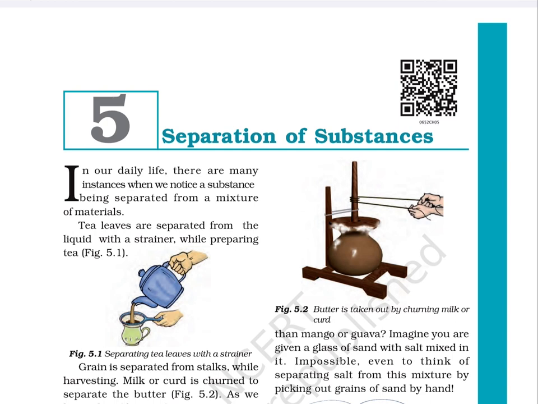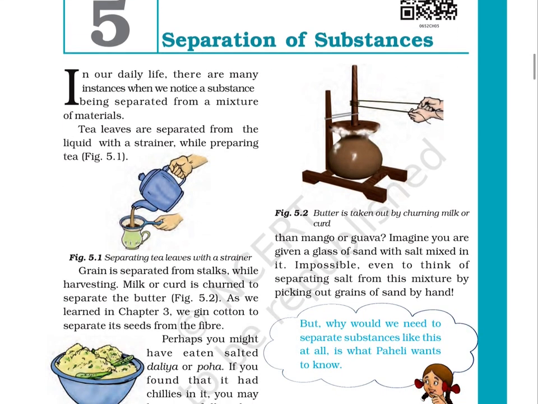Separation of substances. In our daily life, there are many instances when we notice a substance being separated from a mixture of materials. Tea leaves are separated from the liquid with a strainer while preparing tea, as shown in Figure 5.1.